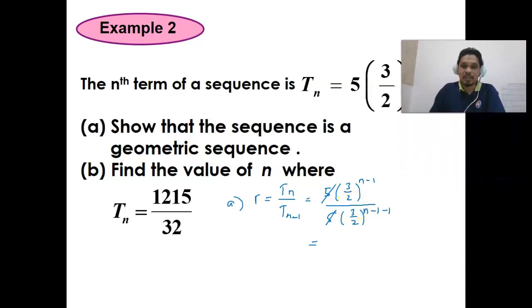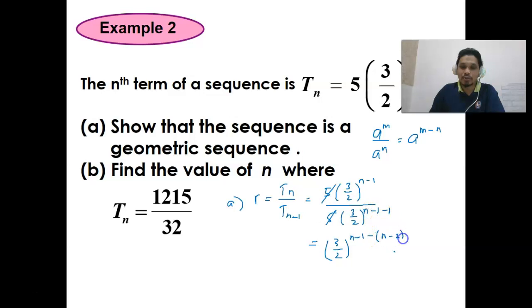In this case, please try to refresh what we've been taught in chapter 1. Okay, a to the power of n divided by a to the power of m equal to, good, a to the power of n minus m. So then 3/2 and 3/2 have equal bases in here. So 3/2 to the power of n minus 1 here, n minus 2.